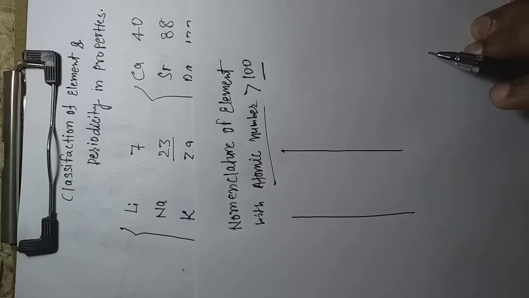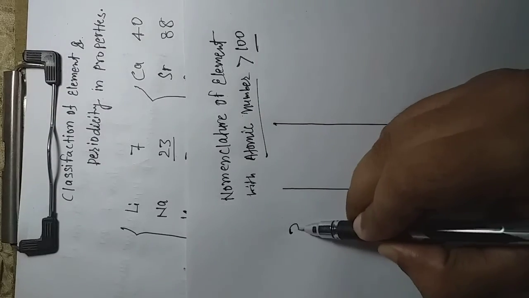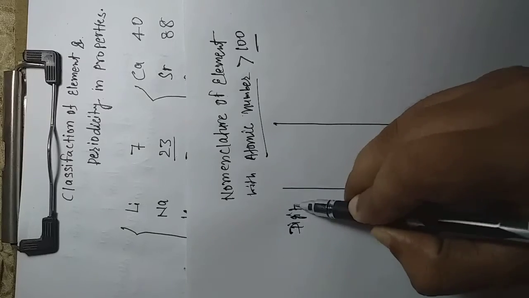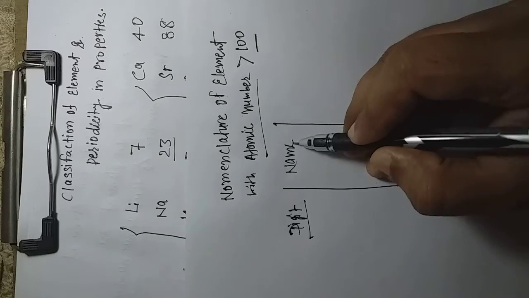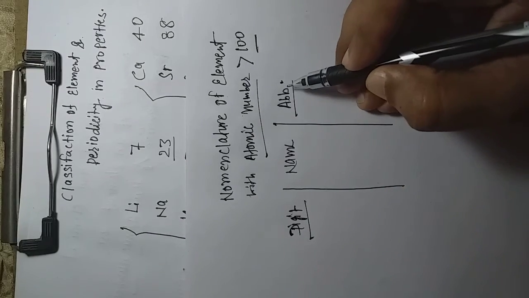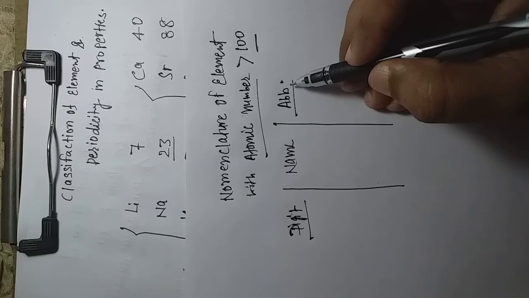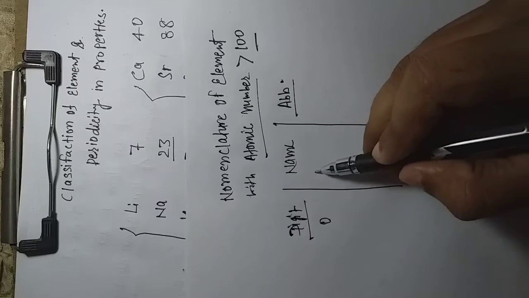Keep in mind, whenever you write, you will make three columns. The first column is the digit, the second its name, and the third its symbol, a short form we can write. This is called an abbreviation. If the digit is 0, its name is nil.